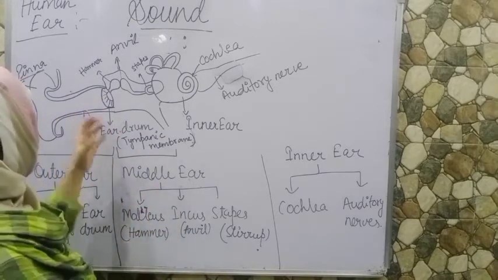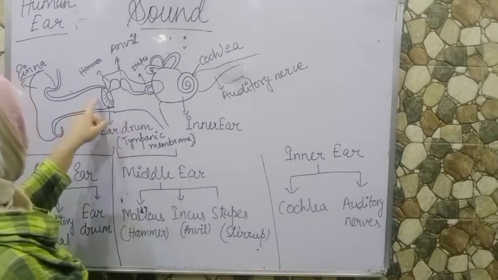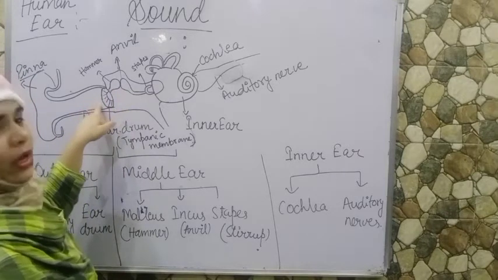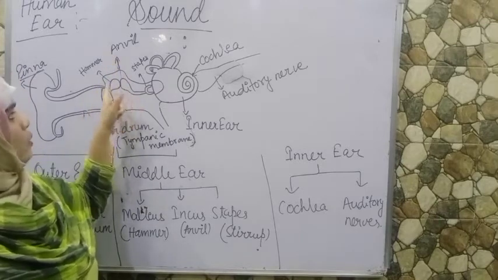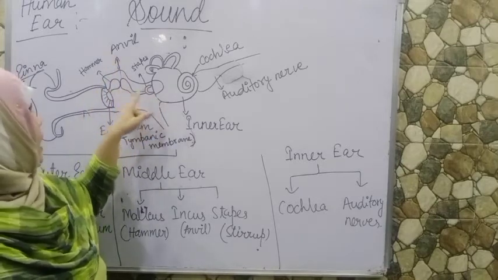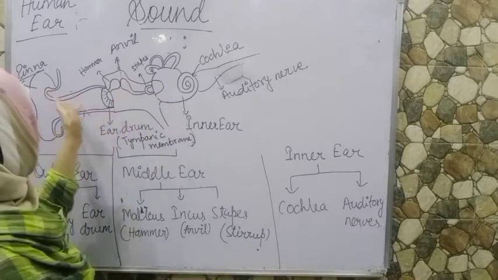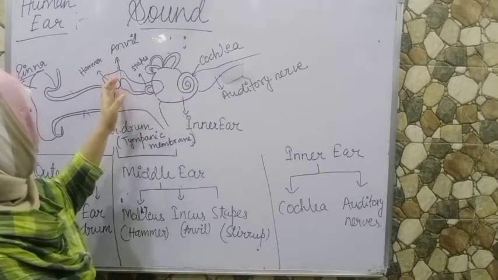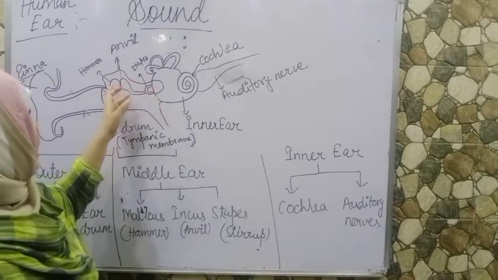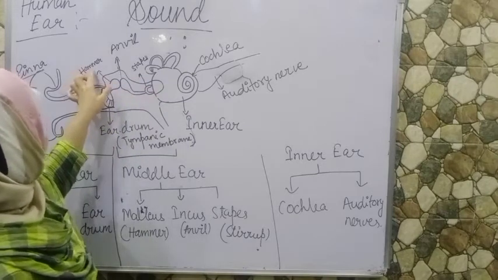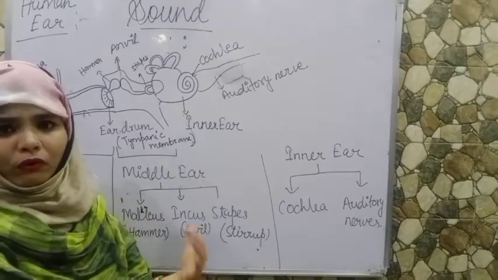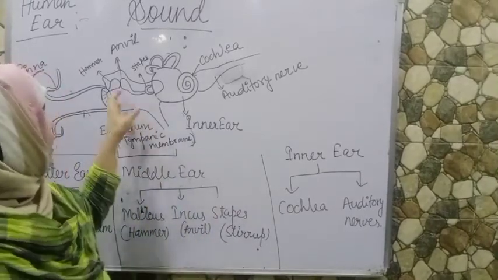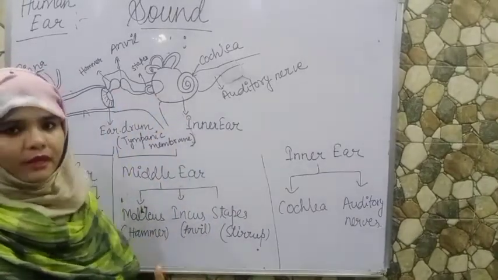In the eardrum there will be vibrations, and as the hammer is attached to the eardrum, and anvil is attached to the hammer, and stapes is attached to the anvil, the vibration reaches to hammer, then anvil and then stapes. And the function of these hammer, anvil and stapes is to increase the amplitude of that sound. The three bones increase the amplitude of that sound.